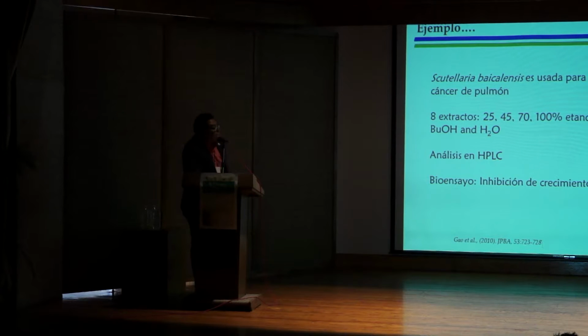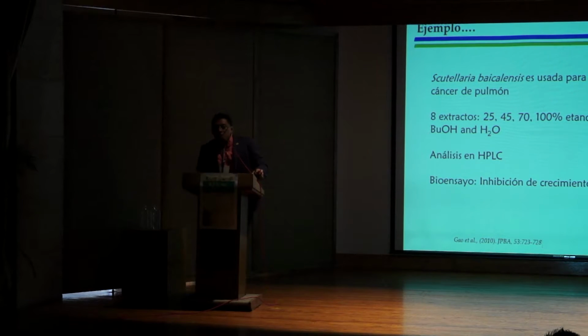For example, this Scutellaria baicalensis is used for the treatment of lung cancer, and we wanted to know which are the components that are involved in the pharmacological properties of this plant. So we decided to build eight different extracts from the same plant material.